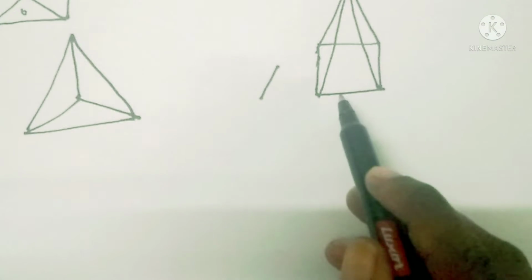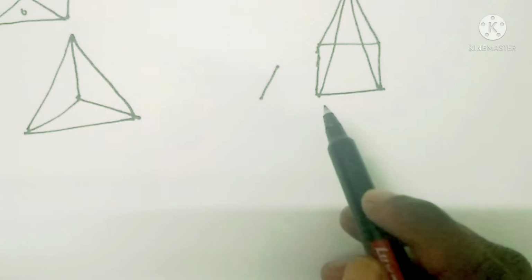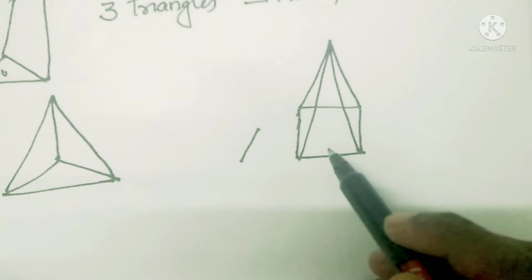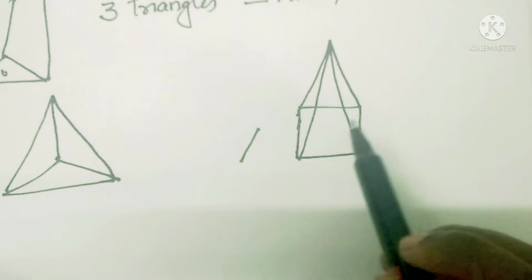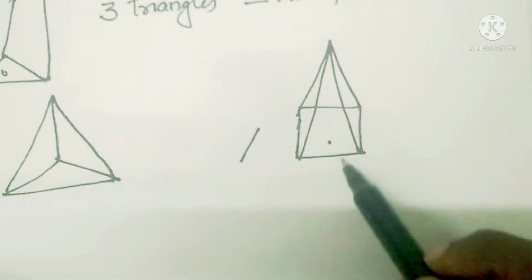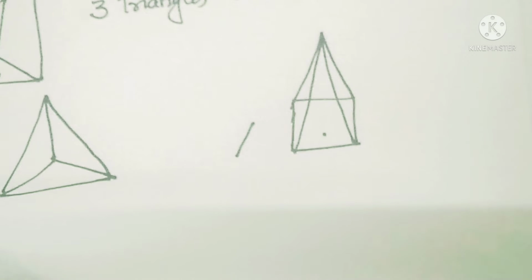What is it called? It is a square pyramid. This will be the shape. So you can have a square and 4 triangles. So that is possible. So in the first case it is not possible, the second and third cases it will be possible. So first one no, and second and third will be yes.